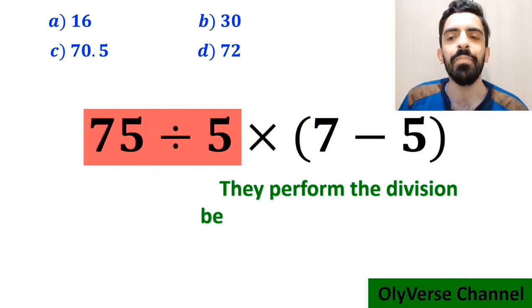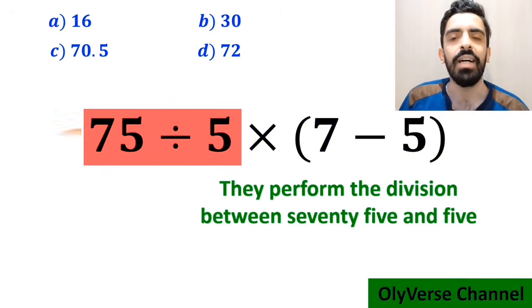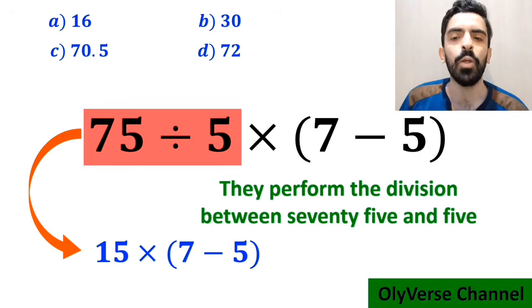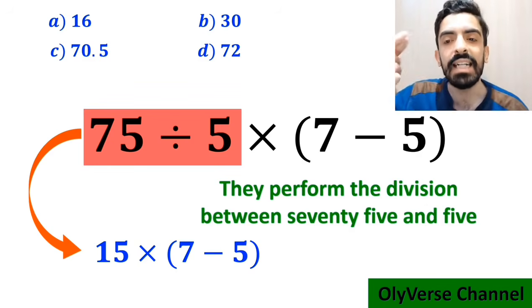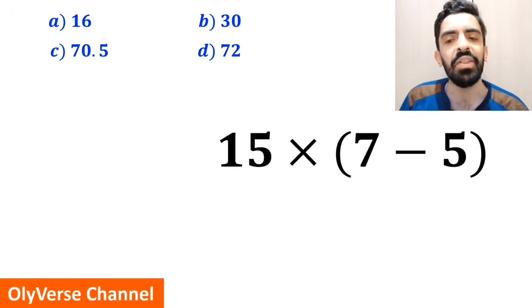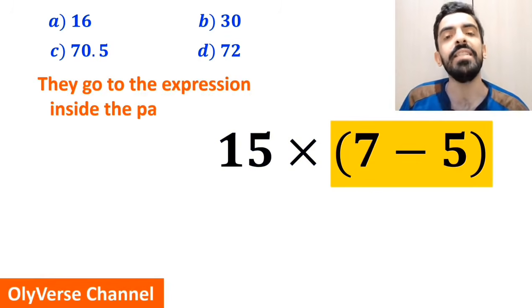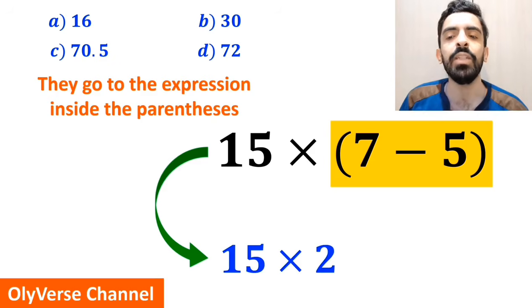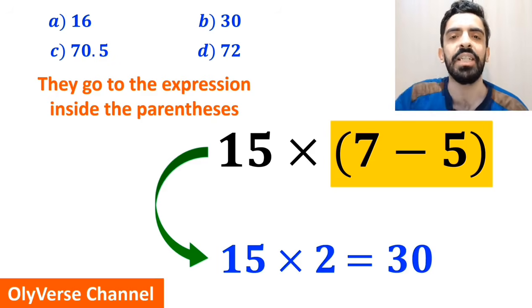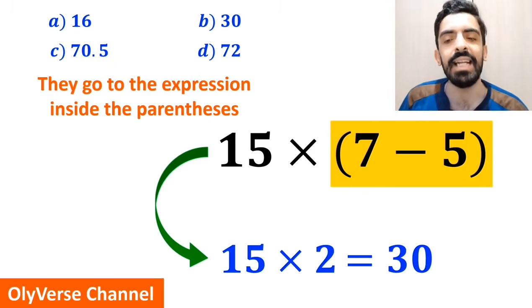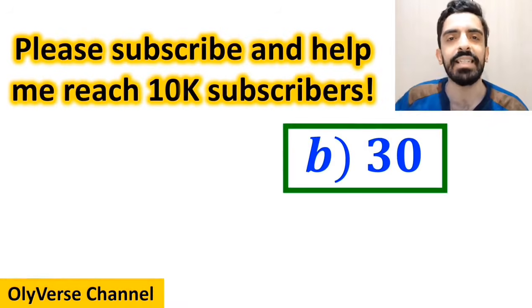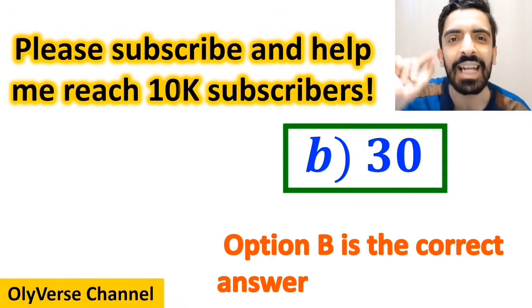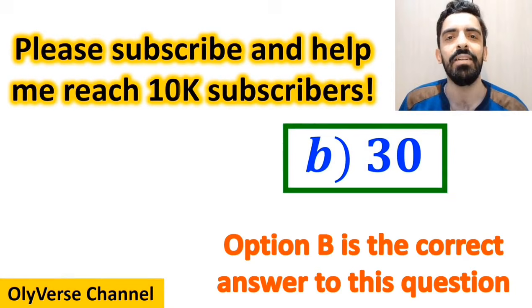Then, they perform the division between 75 and 5 and write the expression as 15 multiplied by 7 minus 5 inside the parenthesis. And in the final step, they simplify the expression inside the parenthesis to 15 multiplied by 2, which eventually gives them the answer 30. Then, without any hesitation, they quickly say that option B is the correct answer to this question.